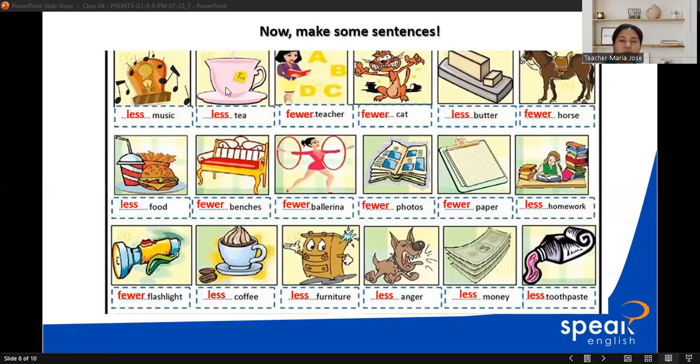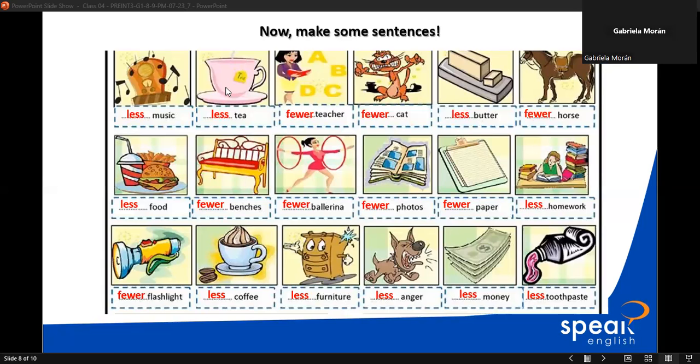Oh, by the way, I'm just checking. The one in paper is not fewer because we're talking about paper in general. The sheets of paper are the ones that you can count, but not the paper. So this is less paper. Okay. So who is next? Gabriela, less paper.